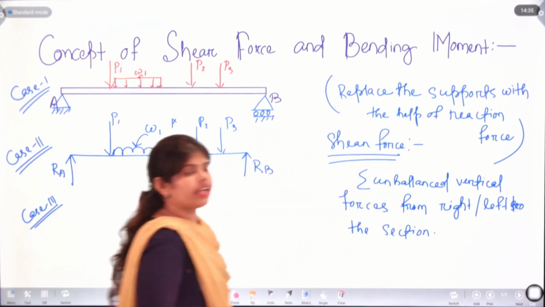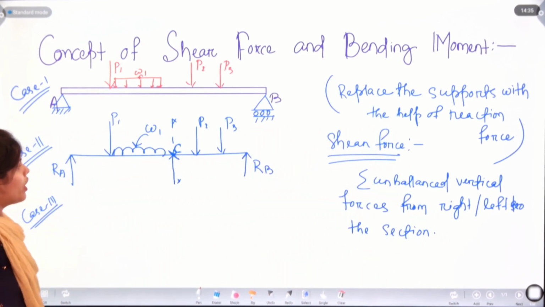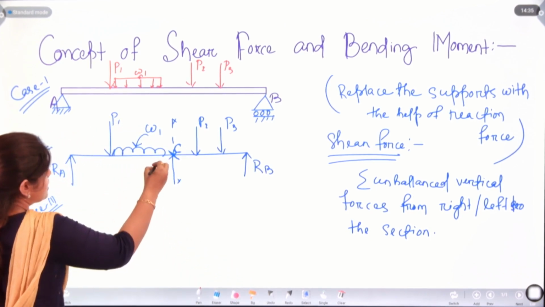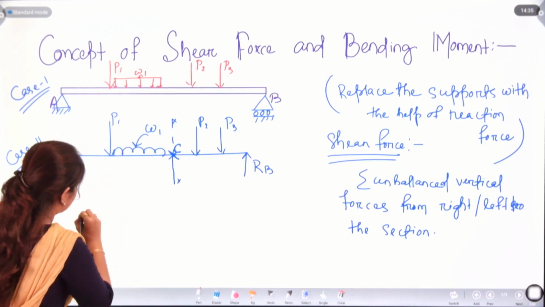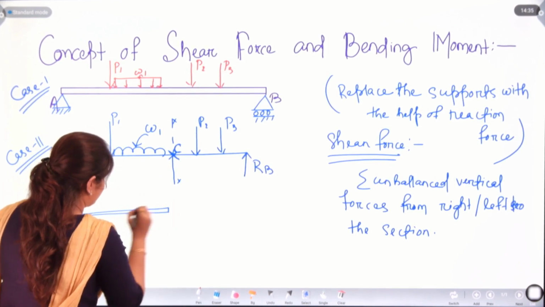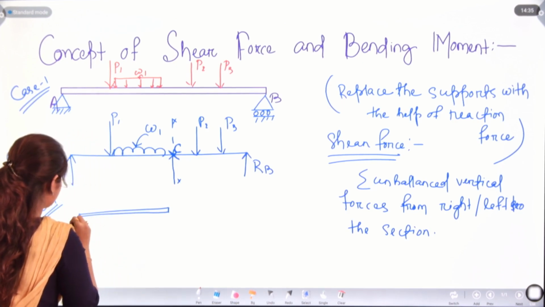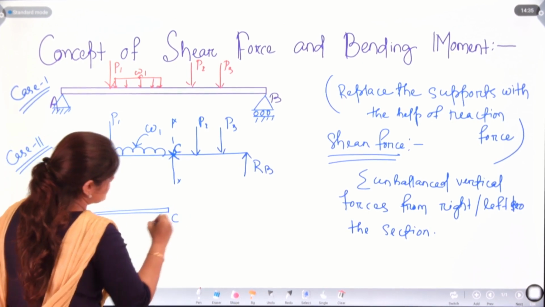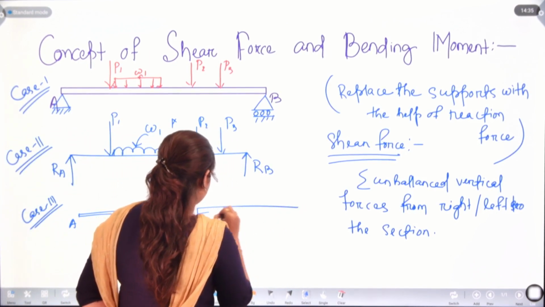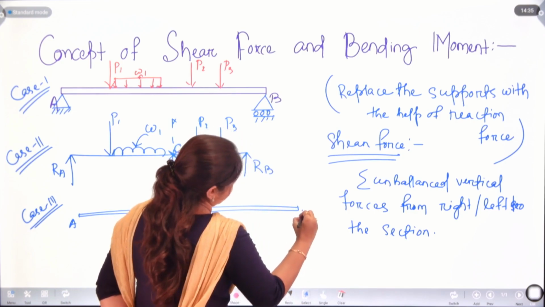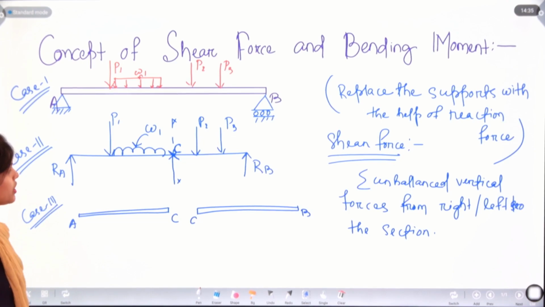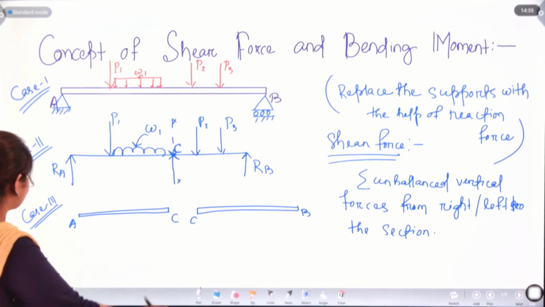So, if we are calculating shear force, we just separate the sections here. We have one section, AC, and another section, CB.